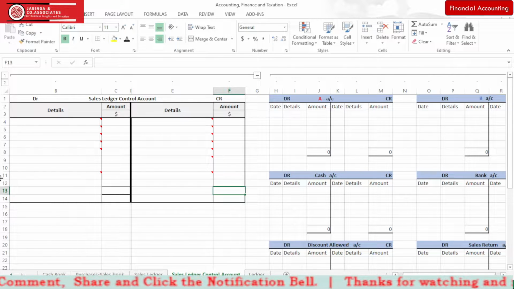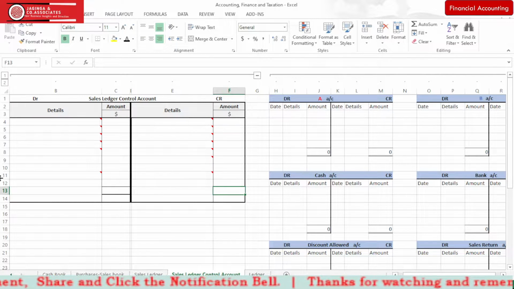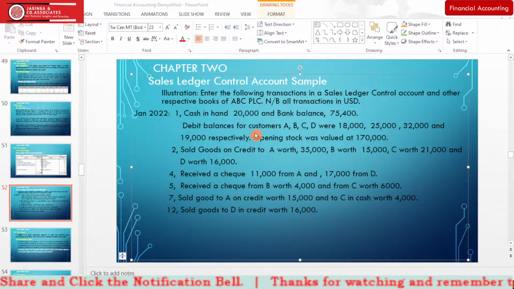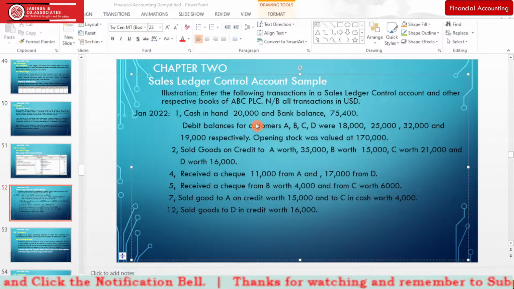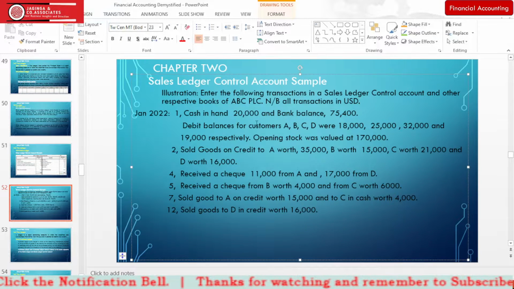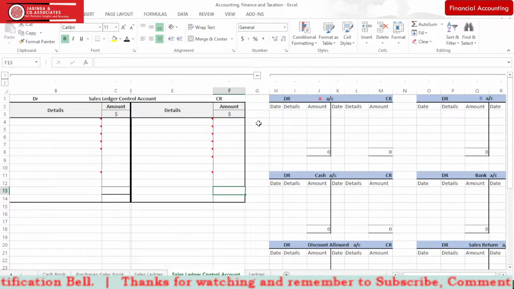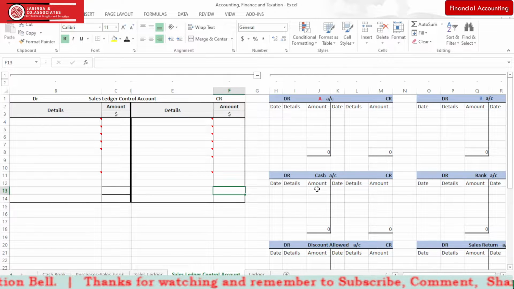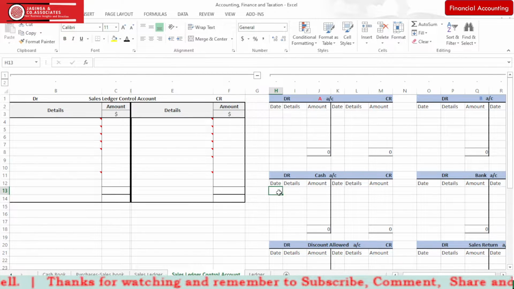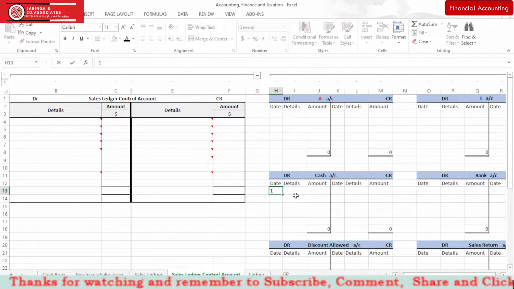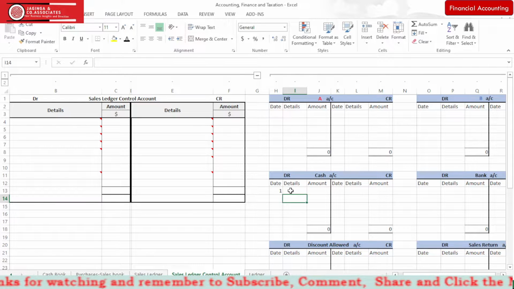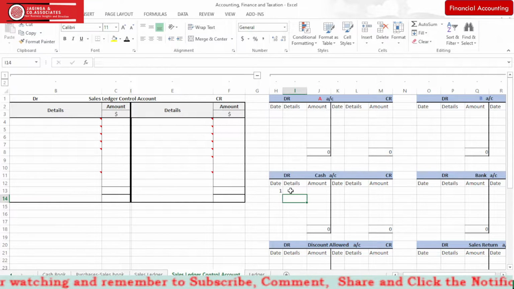First we are being told that we have an opening balance of cash in hand as 20,000 and bank balance as 75,400. So here we'll come to the bank account. The date was 1st, and here we are assuming we are in February, then January 2022.